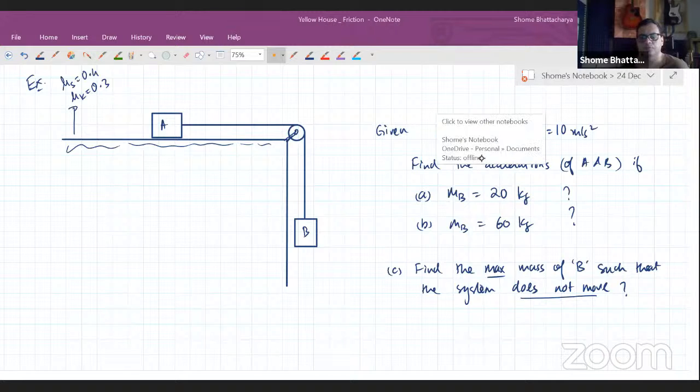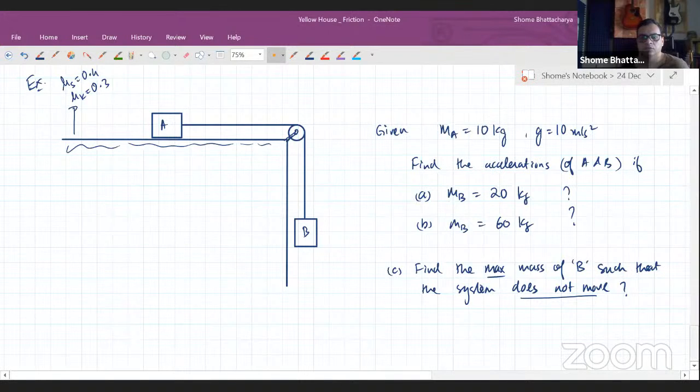Okay. So obviously you can see that it cannot be greater than g. How can the acceleration of the system be greater than g? Okay. Anyway, so let's understand this.